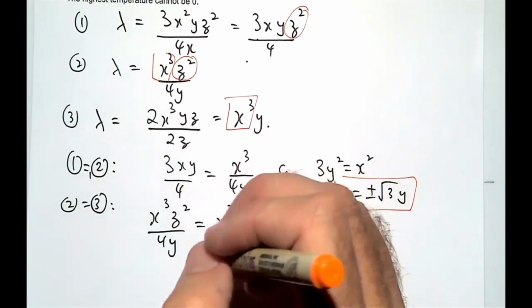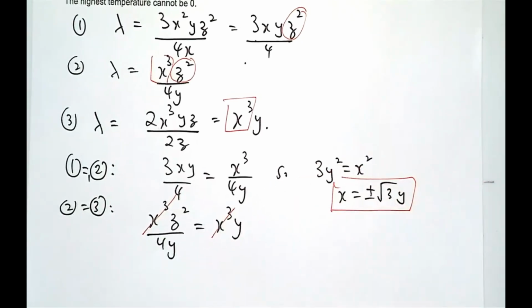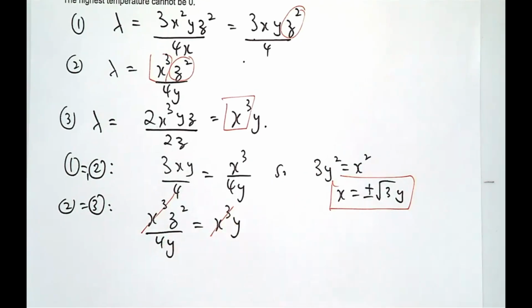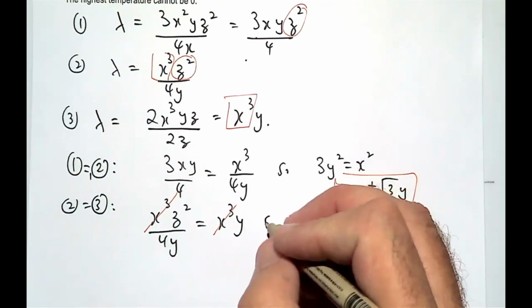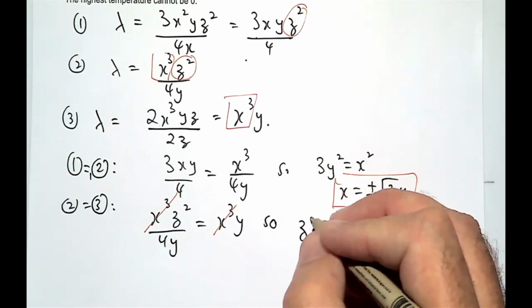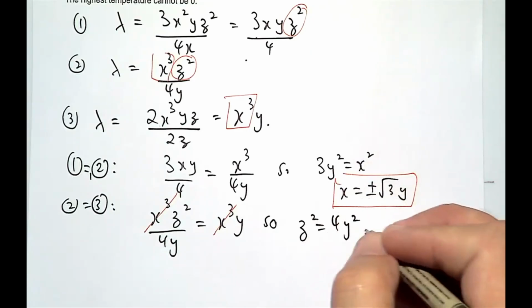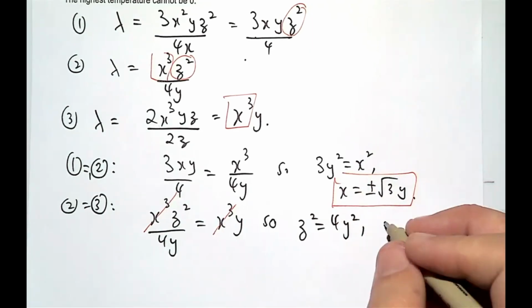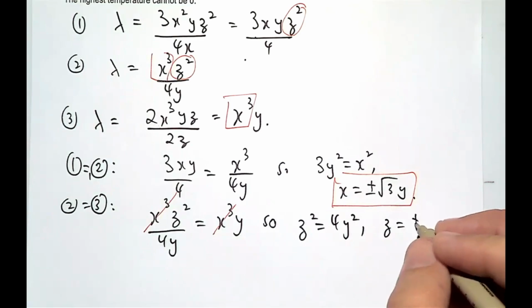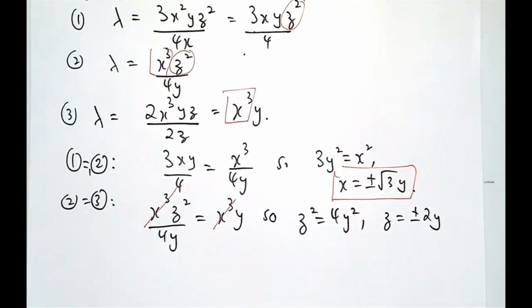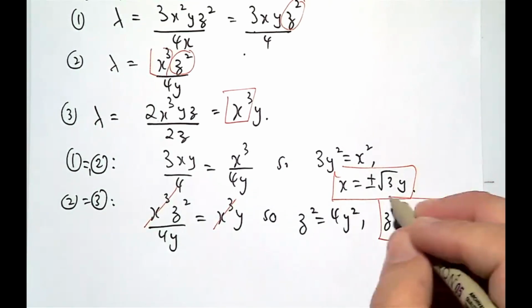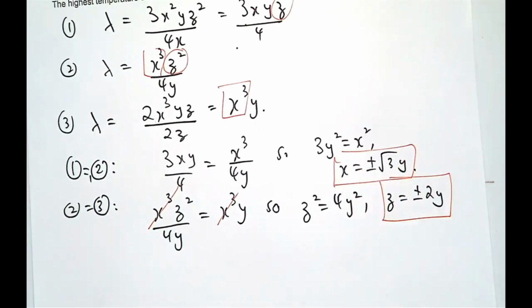Bring the 4 up there. So z squared equals 4y squared. So you see now, I've got x in terms of y, z in terms of y.